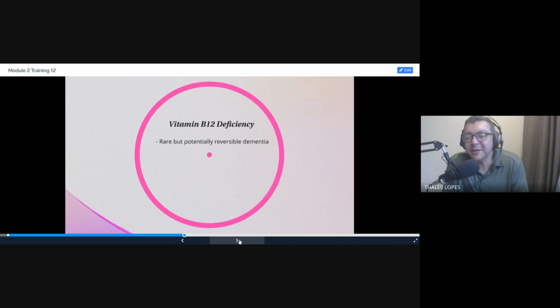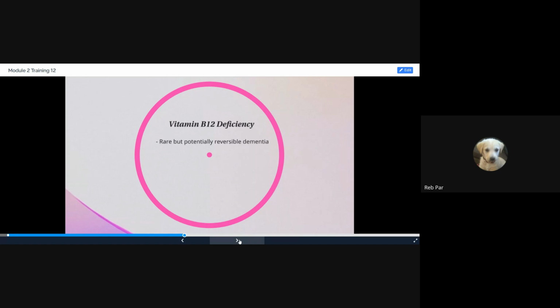Now we have a special dementia. This one is very special because it's reversible. Remember, all dementias are irreversible, right? That would be a lie, but mostly correct. A small lie, I would say, because vitamin B12 deficiency is a reversible dementia.